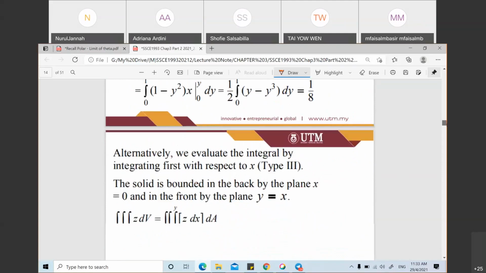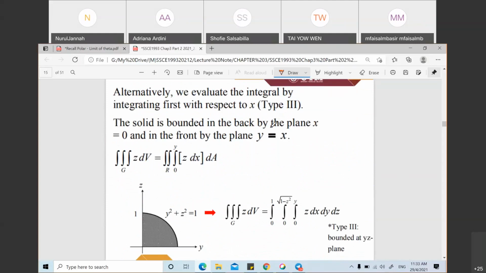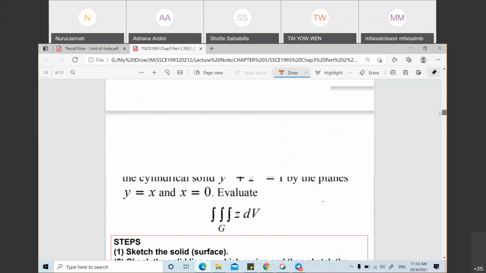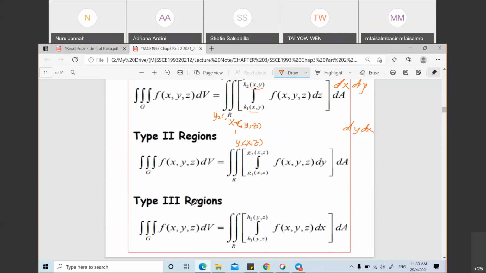No. Okay, next. Okay, you can use, as I said, type 3. Type 3 is integrating over a simple region. This is xy. This is xz. This is yz.